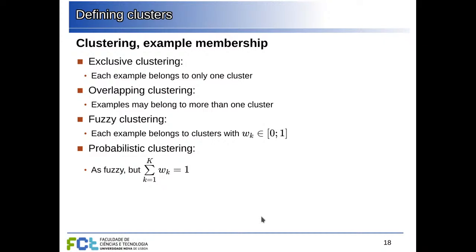This is what happens with fuzzy clustering, where each example can belong more or less to a cluster with a continuous membership value that goes from 0 to 1. Or we can do probabilistic clustering, where we do something similar. We also have these membership values, but the membership values are probabilities. So each example will belong to several clusters with different probabilities, but the probabilities must all add up to 1, because it must be somewhere. The probability of being in any cluster will be 1.